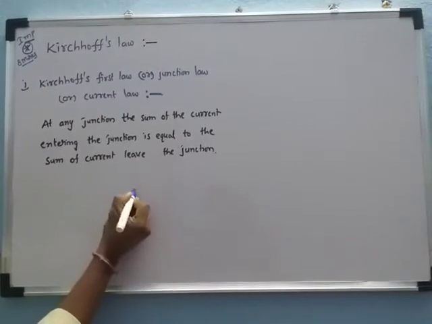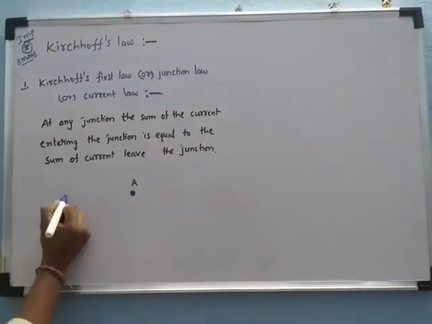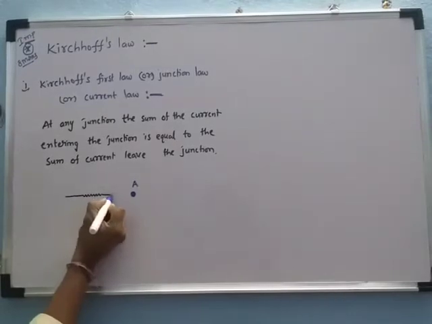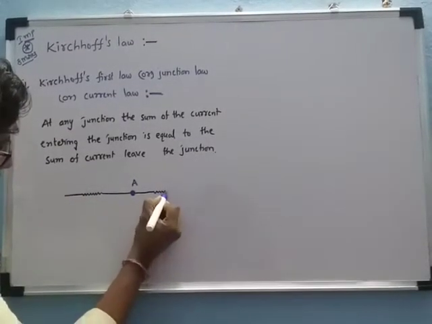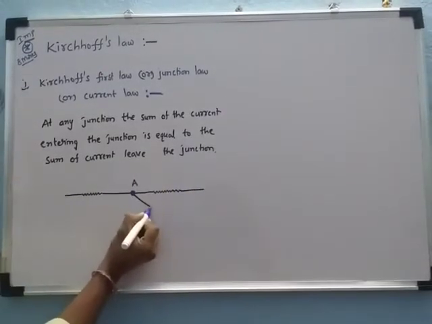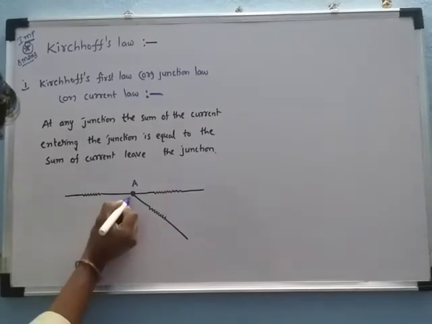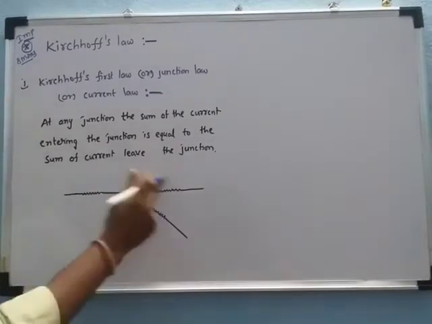This junction point we consider as A. Here there is a current and a resistance meeting at this point, and here is also a current and another resistance. Now take this other one as well. Here we are observing how many ways there are?